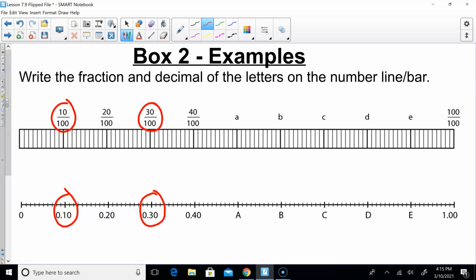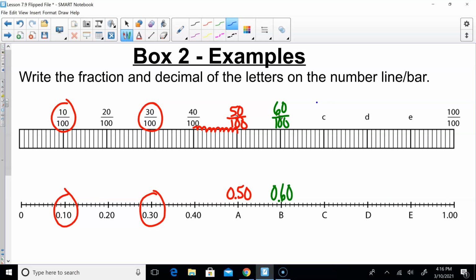We could count 1, 2, 3, 4, 5, 6, 7, 8, 9, 10 more. That would give us 50 hundredths, or 0.50. These are darker shaded lines, so we don't have to count, but there are 10 between them as well, which gives me 60 hundredths, or 0.60.